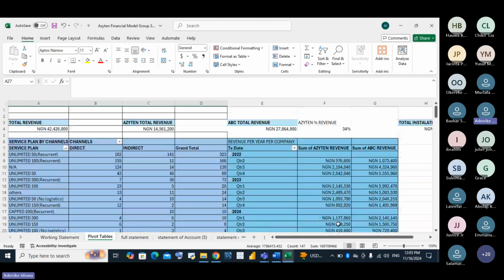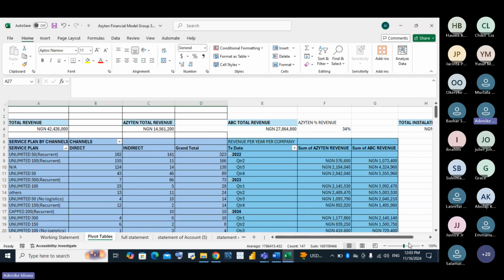So from our pivot table, we see the total revenue outside the installation cost is 42,426 naira, while Azyten has 14 million, and ABC had 27 million.